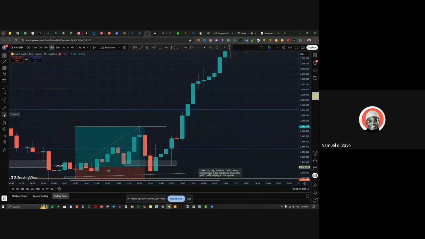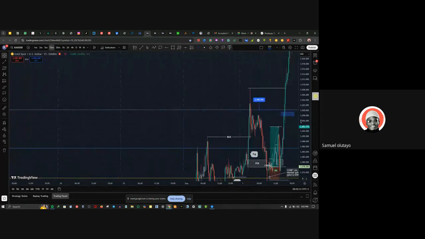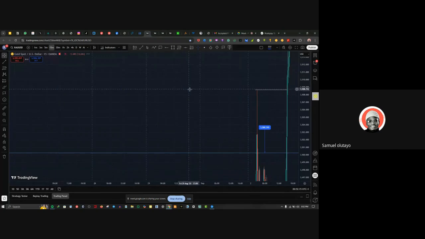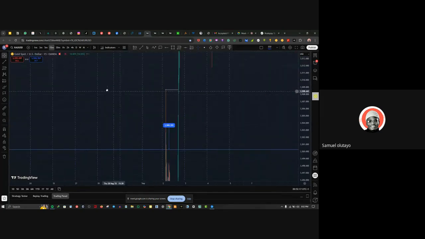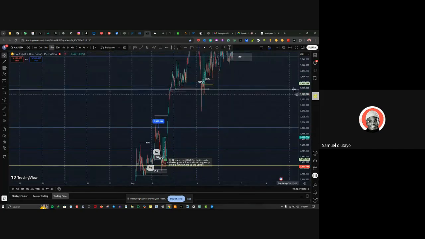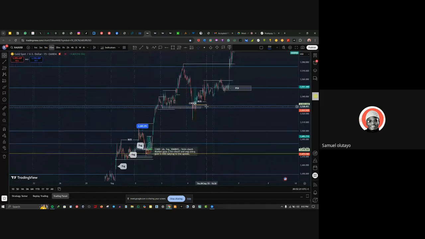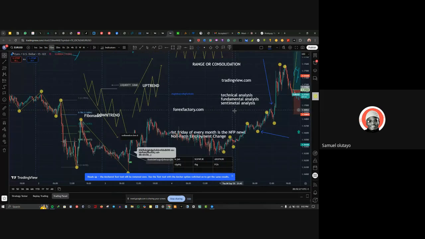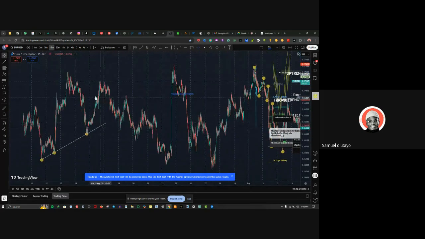The next one is the zoom. Let me zoom out for a minute. I want to show you what the zoom is for. Say for instance, I want to zoom into this particular part where my cursor is.